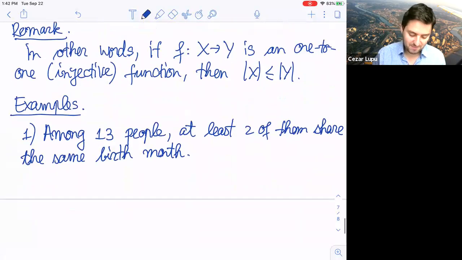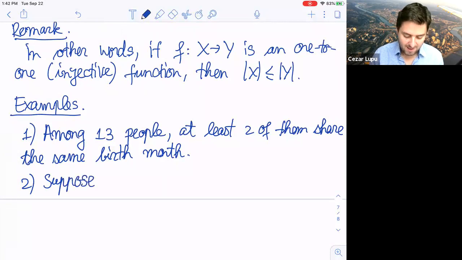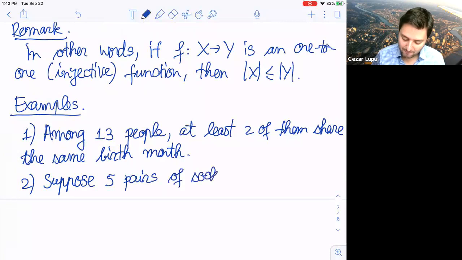Another example. Suppose that 5 pairs of socks are in a drawer.